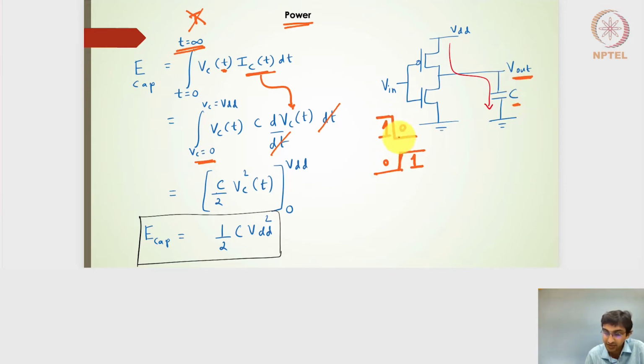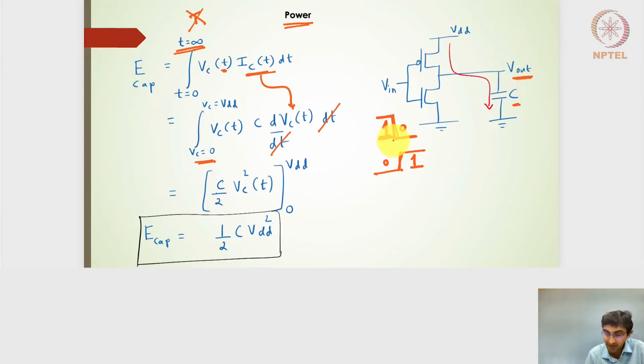Once the step input is given, going from 1 to 0, the PMOS transistor turns on, and only then does the capacitor start charging, right? When the input is 1, the output will be completely discharged to 0, and it will be holding a logic 0 in a steady state.